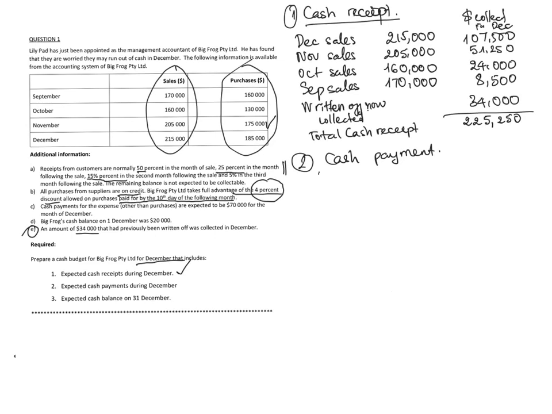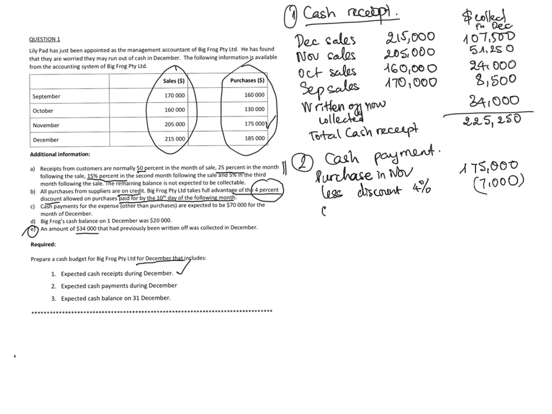So the cash payment for purchases, remember, is the purchase in November, paid in December, is 175,000, and then we have to less the discount of 4%, and that discount would be 7,000.